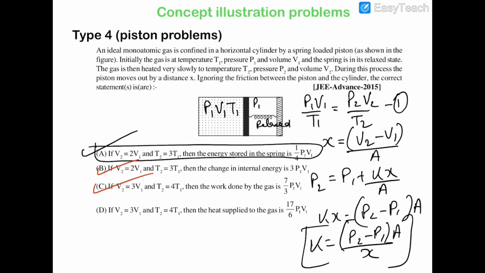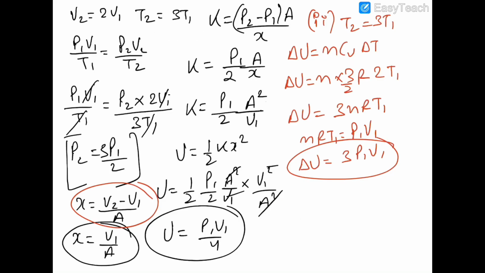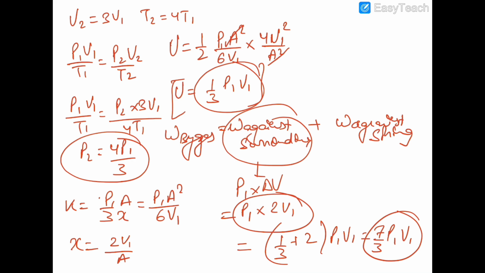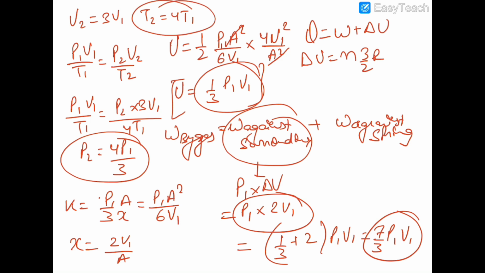And the heat supplied to the gas, in this case, you can see that heat supplied Q will be equal to work done plus delta U. Now delta U will be equal to n Cv, which is 3 by 2 R, and delta T is 3T1. So this is 9 by 2 nRT1, which is P1 V1.